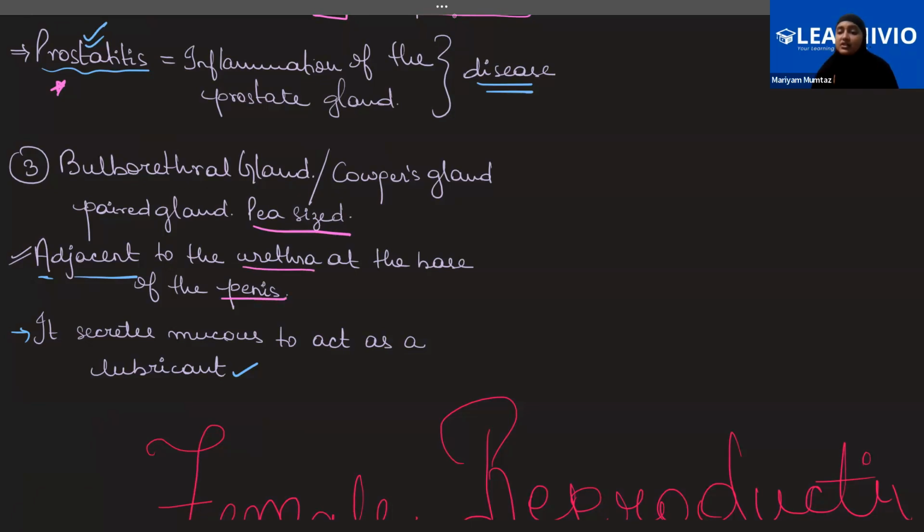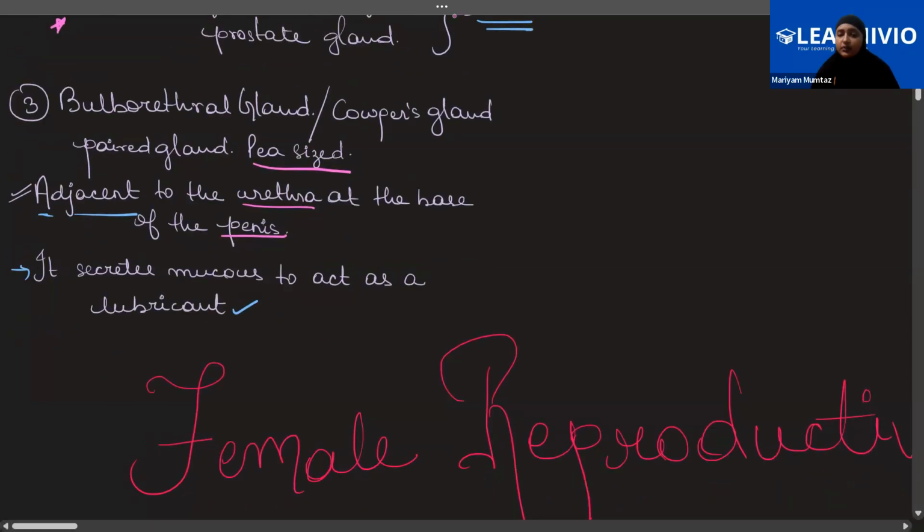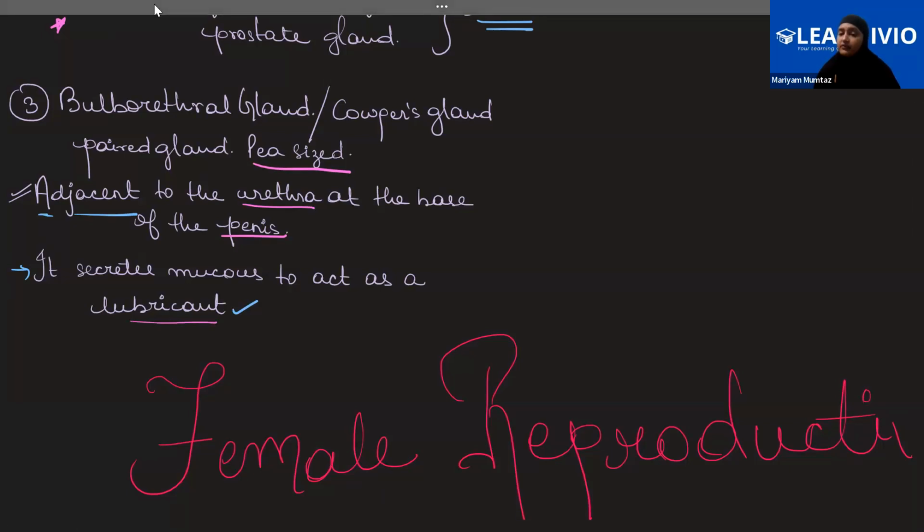It is located adjacent to the urethra, not behind or at the base of the urethra. It secretes mucus to act as a lubricant. The sole purpose of this gland is to release mucus to perform as a lubricant.